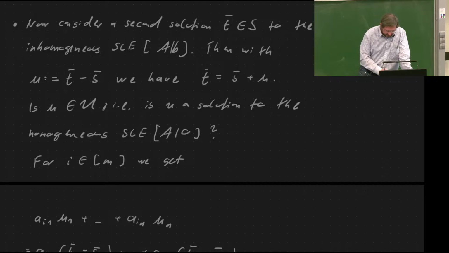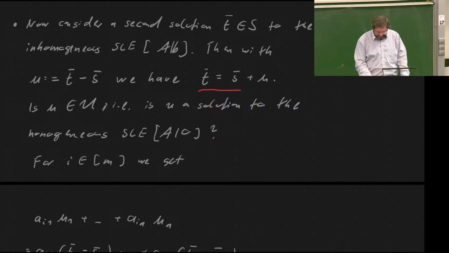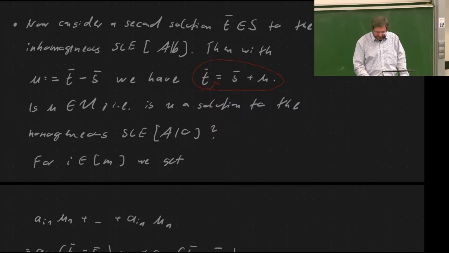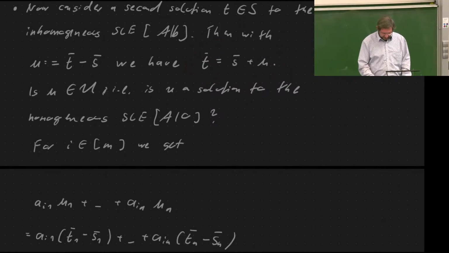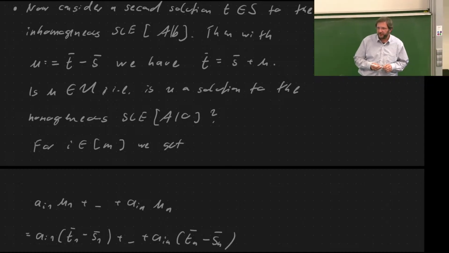So consider any two solutions, T bar and S bar, of the inhomogeneous system. Then what I'd like to show is that, in fact, T bar has this precise structure here. So there is some U such that T bar is S bar plus U. So it's already contained in S bar plus U. And to see that, I solve this expression for U, I get this. And then I just need to prove that this U actually is a solution to the homogeneous system.